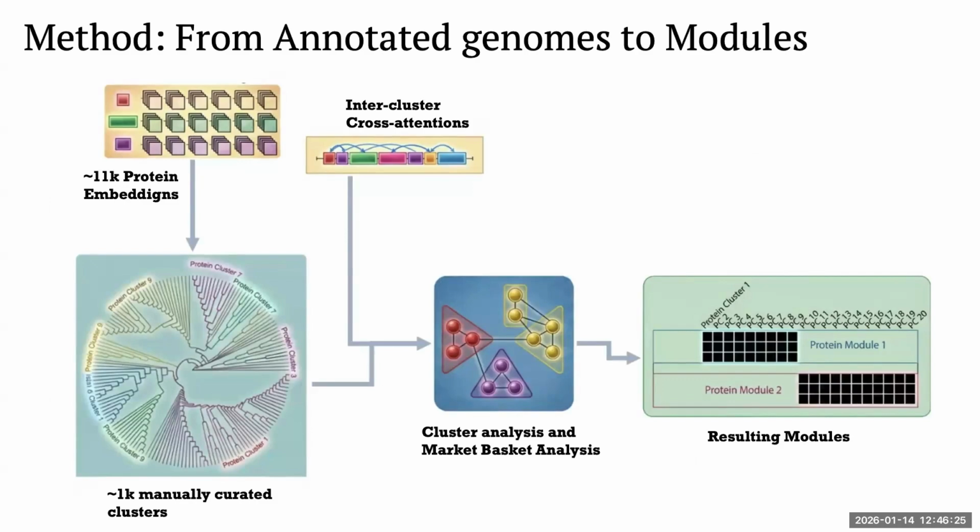So we had to take these embeddings, and we use the embeddings for clustering. We don't cluster on the sequence level. We don't do anything anymore at the sequence level. We only use embeddings for pretty much everything that we do. Starting with about 11,000 protein sequences, clustering them generates this massive tree that has about 1,000 manually curated clusters.